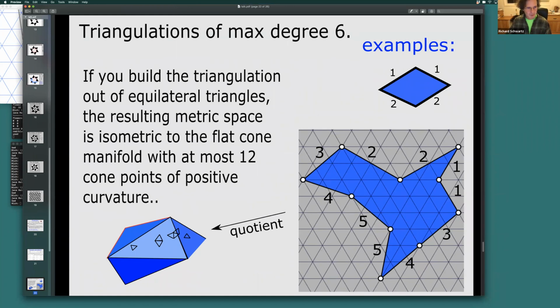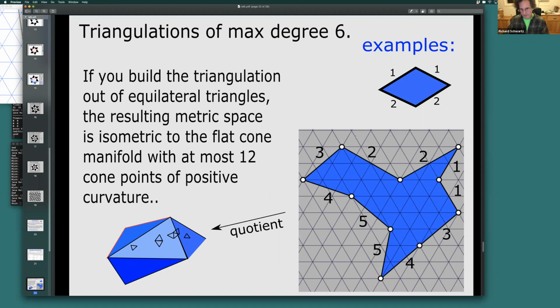So if you build the triangulation out of equilateral triangles, then you get a metric on the sphere, which is flat everywhere except at a finite number of points where there's a cone angle. The cone angle just depends on whether it's 5, 4, 3, or 2 around: the fewer the triangles, the sharper the cone.